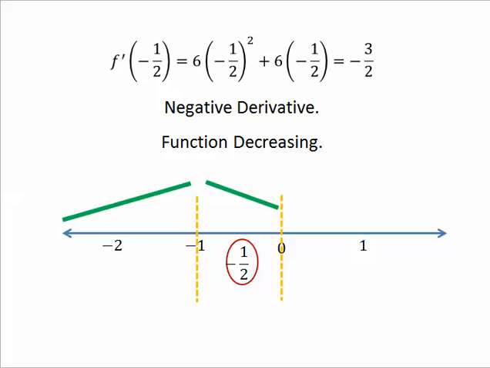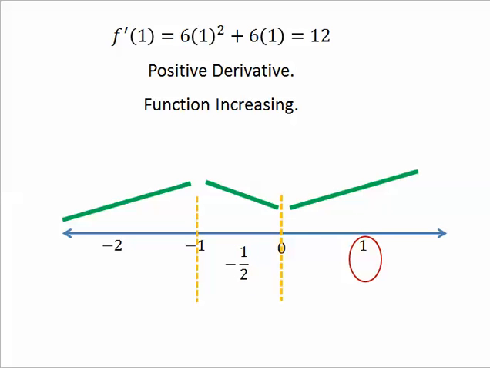Notice at -1/2 the derivative is negative, and that tells me that my function is decreasing. And for my third interval, I choose 1, and my derivative is positive, telling me that my function is increasing.